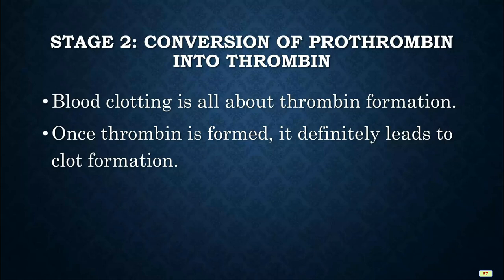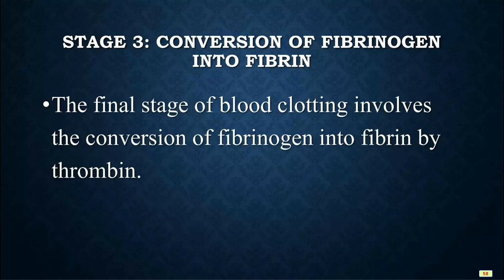Stage 2 is the conversion of prothrombin into thrombin, which is a more stable agent. Blood clotting is all about thrombin formation only. Once thrombin is formed, it definitely leads to clot formation.